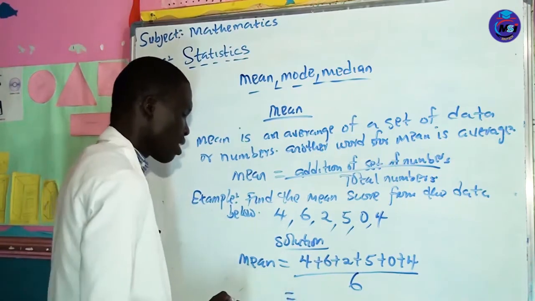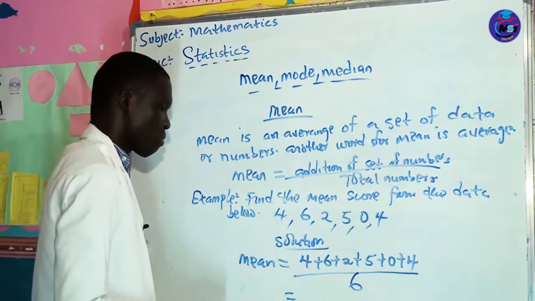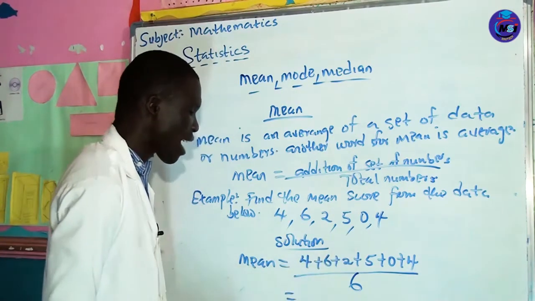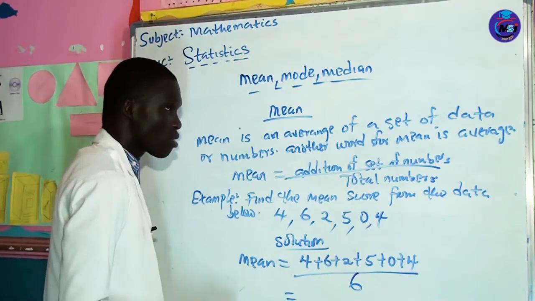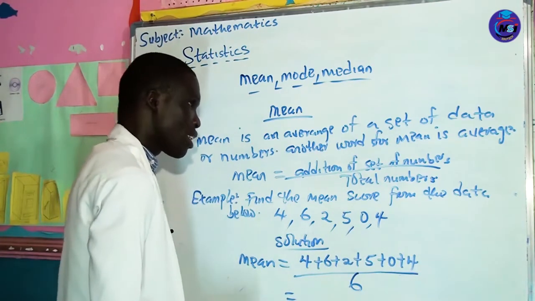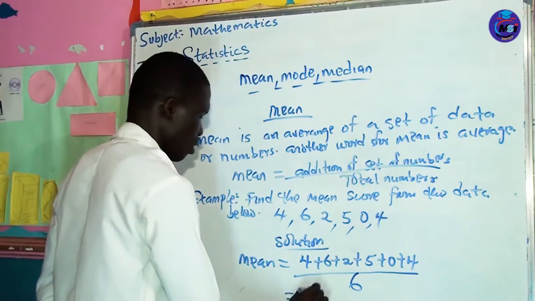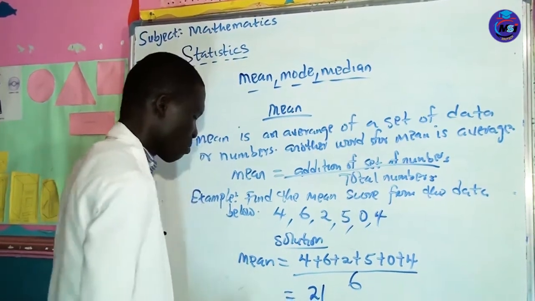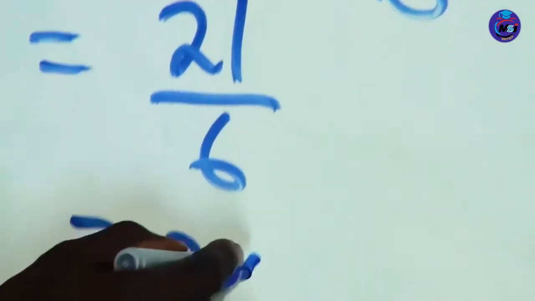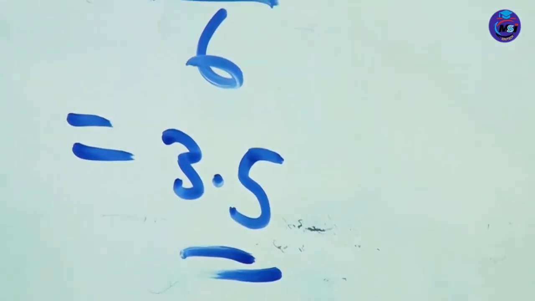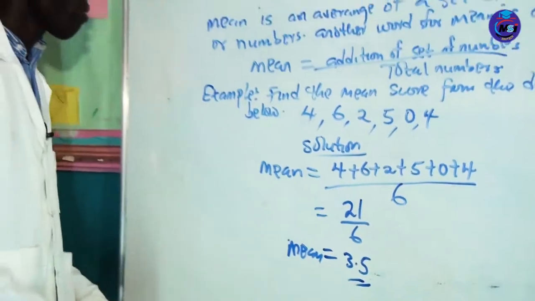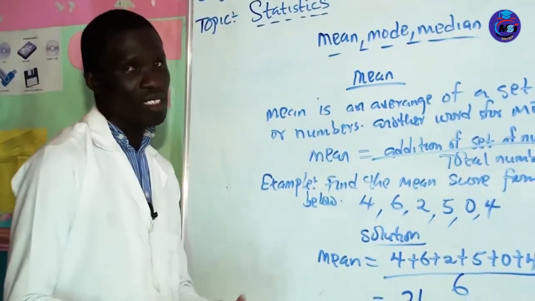So let's add. 6 plus 4 will give us 10. 10 plus 2 will give us 12. 12 plus 5 is 17. 17 plus 4 will give us 21. Right, 21 all over 6. So 21 divided by 6 will give us 3.5. So our mean will be what? The mean score will be 3.5. Okay. Now this is just simple.